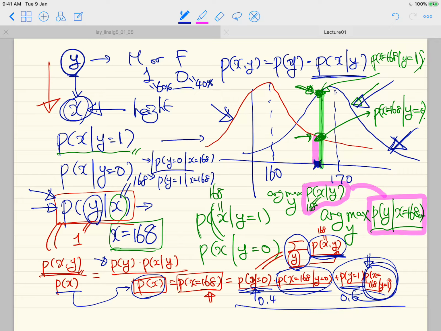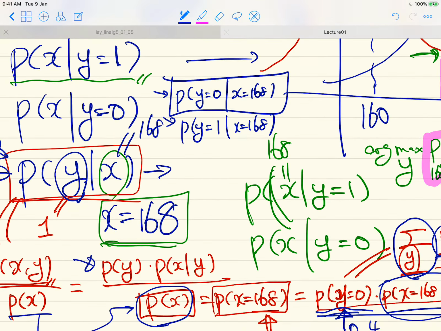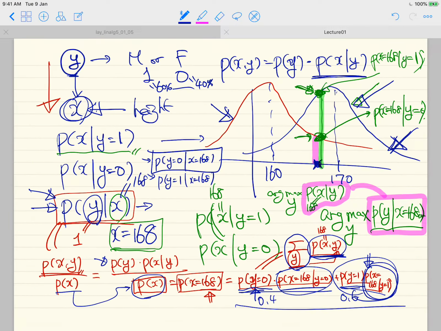So this guy is represented as this, and p of x is represented in this form, and then we consider this case of y being 0, right?